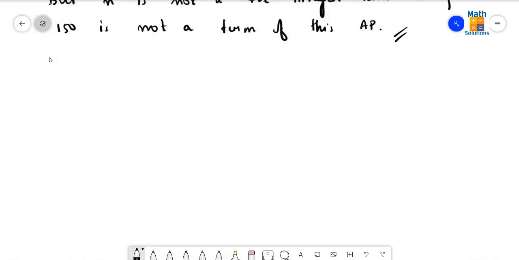Then coming to the next question, here is question number 7. Let us check what is given here.